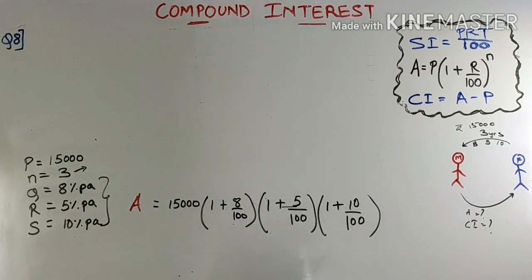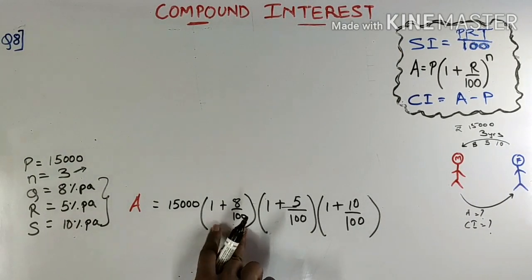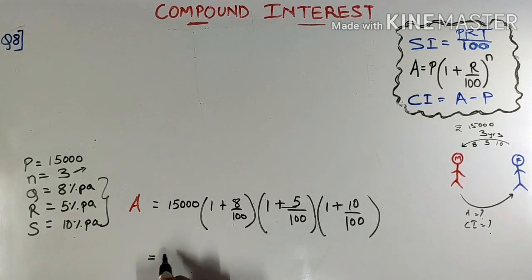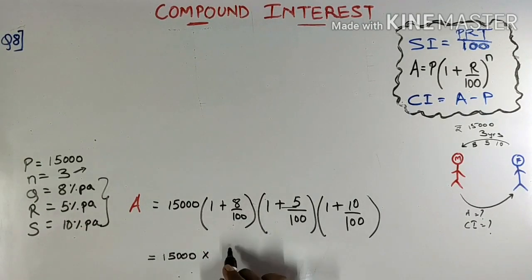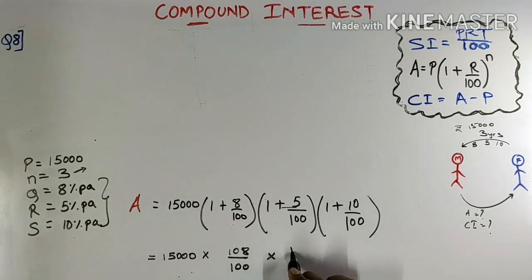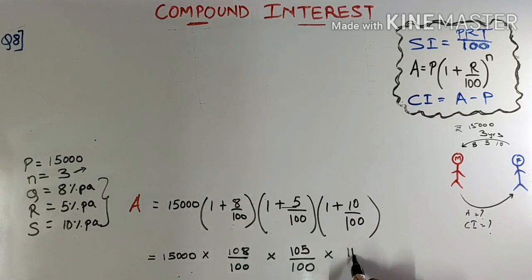We can simplify these brackets by making each a fraction by taking the LCM. I have principal as 15,000 into the first bracket becomes 108 upon 100, into the second bracket becomes 105 upon 100, into the third bracket becomes 110 upon 100. Now let's simplify this. 5 20s are 100, 5 22s are 110.